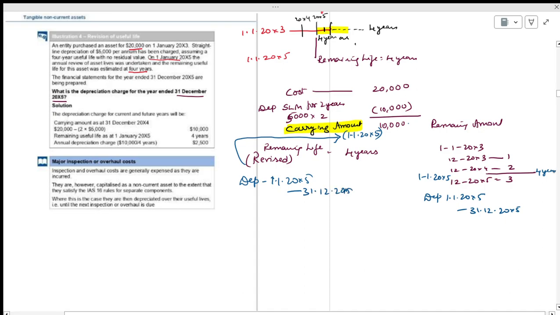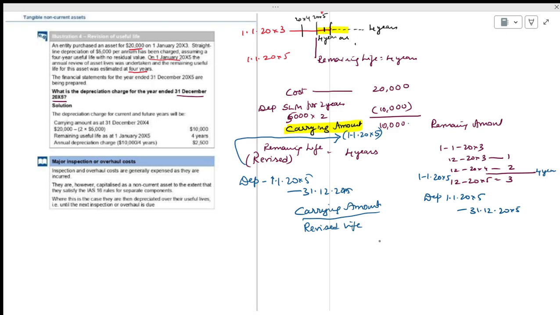The carrying amount is divided by the revised life. What is the carrying amount? The carrying amount is 10,000. The revised life is 4 years. Depreciation will be 2,500.